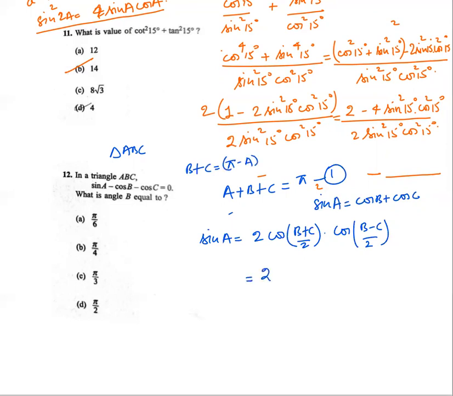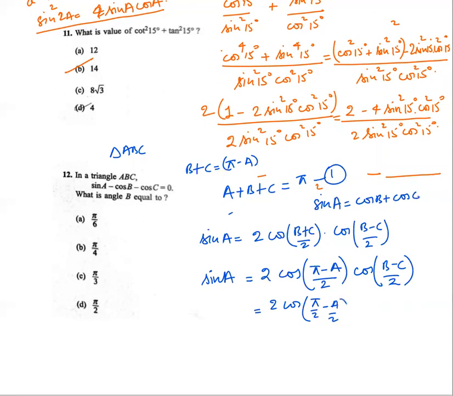So I can write here 2 into cos of (pi minus A) divided by 2 into cos of (B minus C) divided by 2. Here we have sine A. Now if I split this, I'll get 2 into cos of (pi by 2 minus A by 2) into cos of (B minus C) by 2.